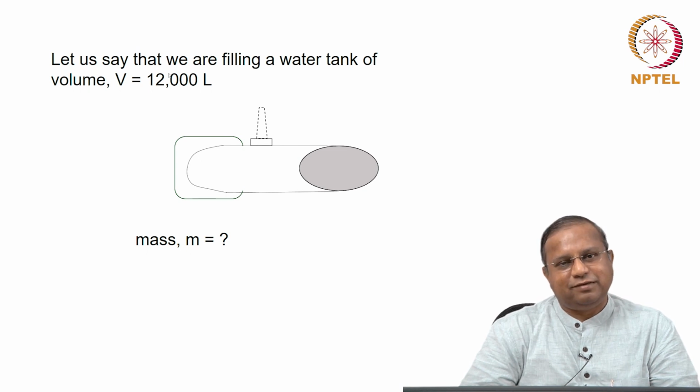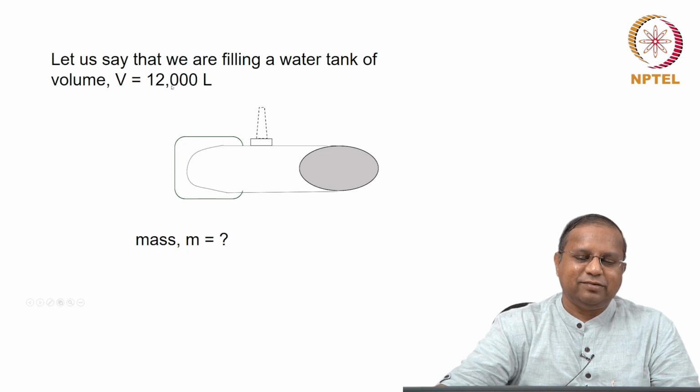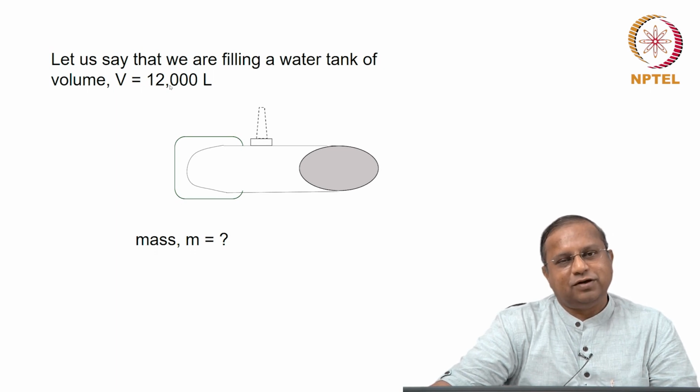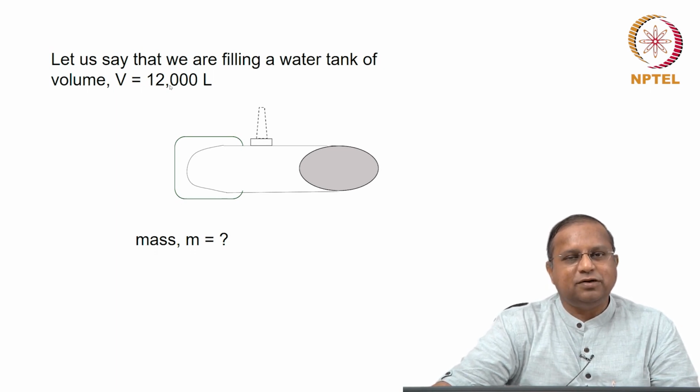What we need is mass. Okay. What we know is volume, right? And what we also know, we are all engineers, we know from school that the density of water is 1 gram per centimeter cubed, and if you convert that, that goes to 1000 kilograms per meter cubed. That is the density of water.